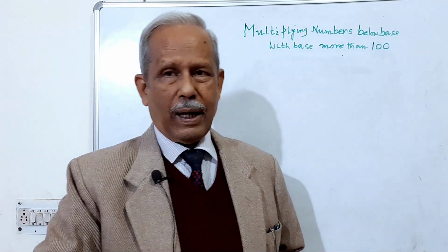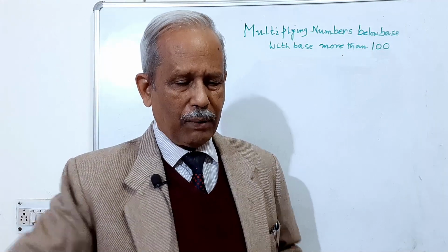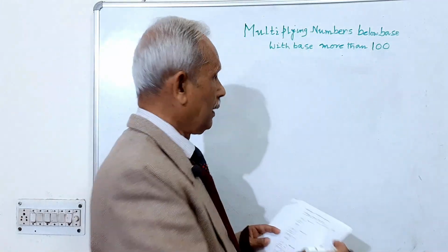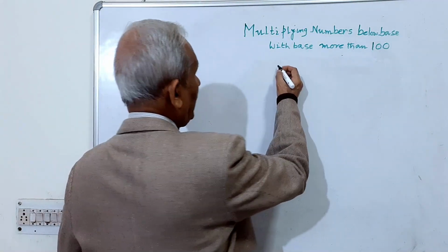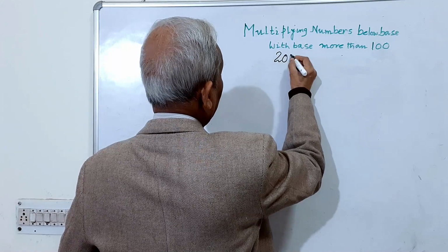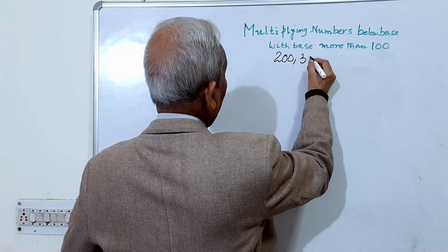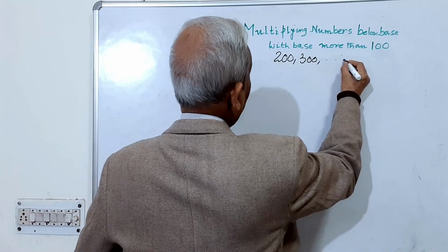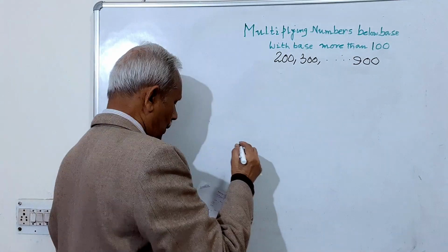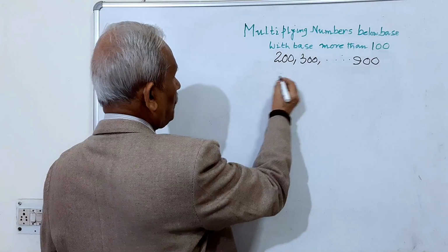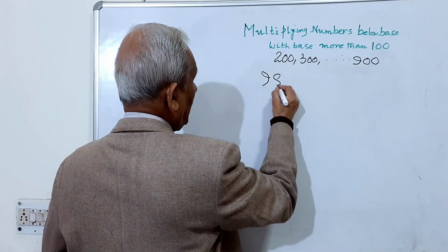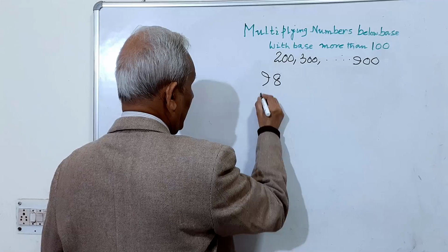Now, before I start, a little recapitulation of what we did when the base was 100, since we want to find out when the base is 200, 300 up to 900. So let's first see when the base was 100, how did you do that? Let us take, for example, we wanted to multiply 98 into 99.